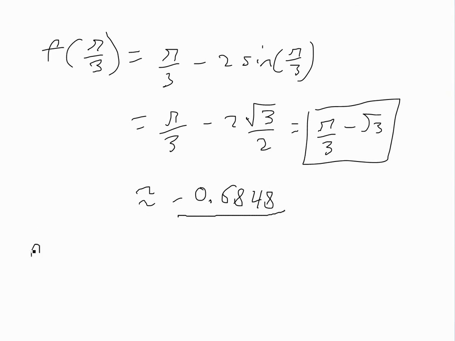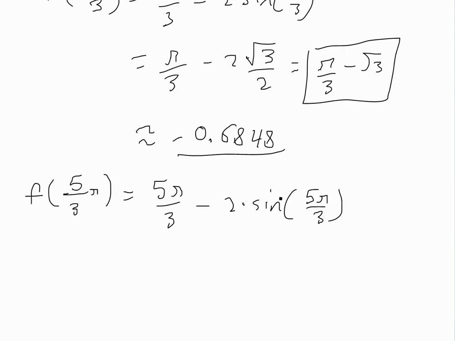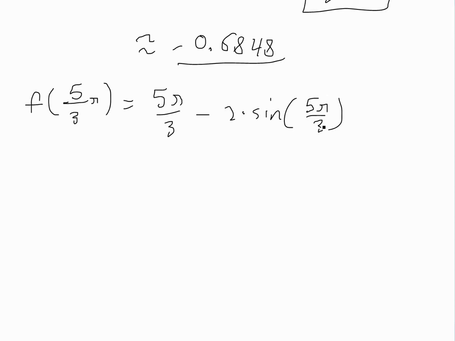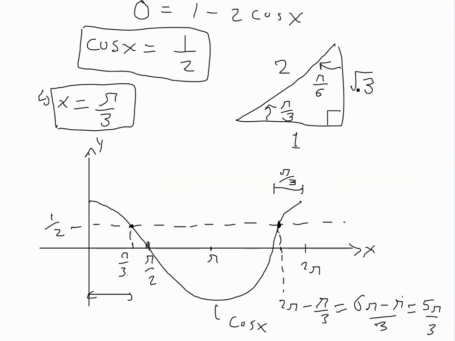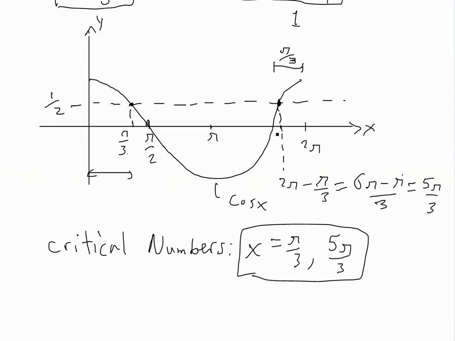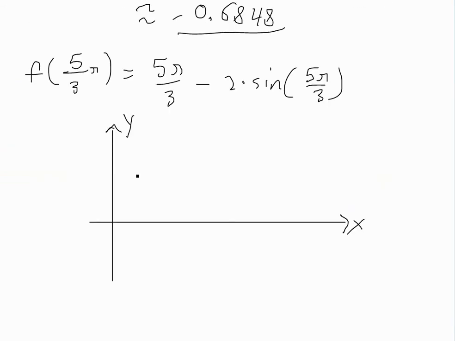So now we plug in the next one, f of 5 pi over 3. We're going to get 5 pi over 3 minus 2 times the sine of 5 pi over 3. Now remember, with trigonometry we have to look at what this value is going to be, because we have to use the exact ratio. We know it's going to be square root 3 over 2, but we need to see if it's positive or negative, so we look at how the function looks. If you graph sine, it's going to look something like this, from 0 to 2 pi.